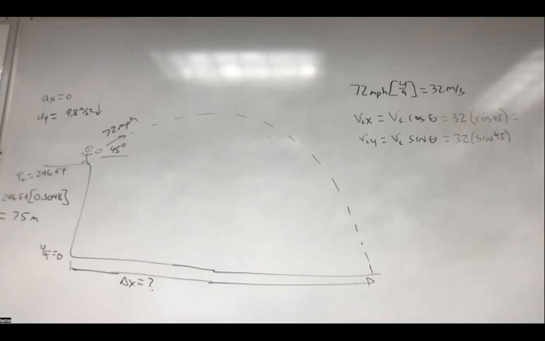It's like 22 point what? 6. And that's the same for the other one. This is that magic angle where sine is close to cosine.